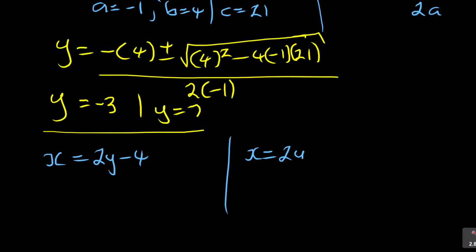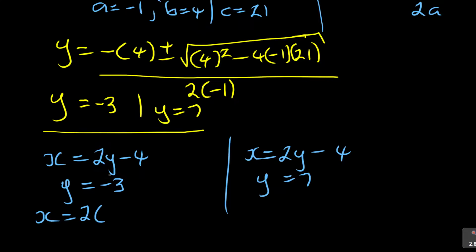You bring the first value when y is equal to negative 3, and the second one, y is equal to 7. It will give you two values of x again. x is equal to 2, bracket, you put minus 3 for y. Every time you substitute, put a bracket.